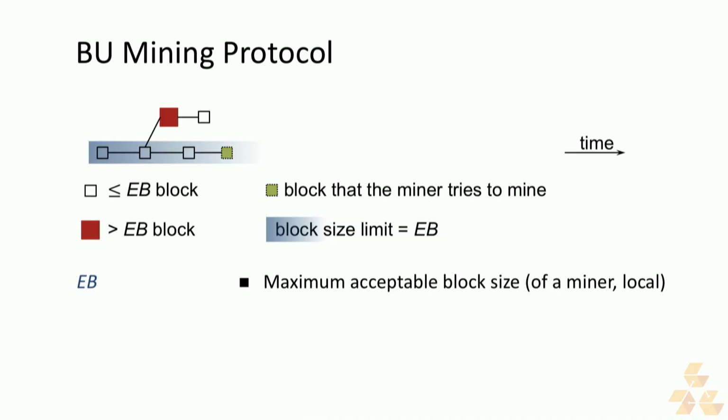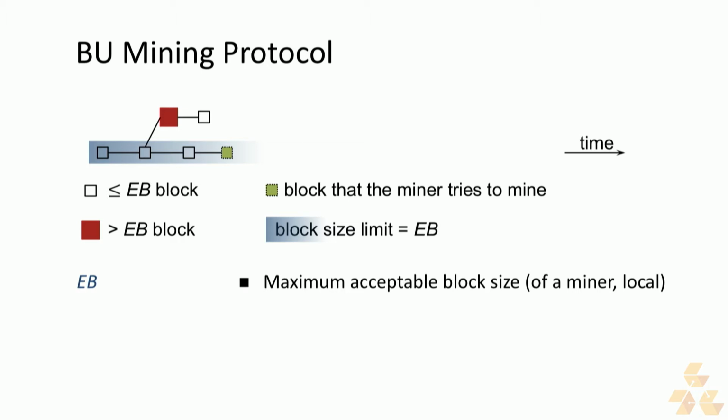In the BU mining protocol, every miner broadcasts a maximum acceptable block size, EB, which is a local choice. That's why I say in BU there is no block validity consensus, because a block that is valid to some miners may be invalid to other miners.